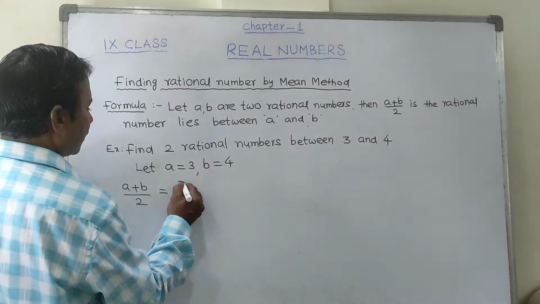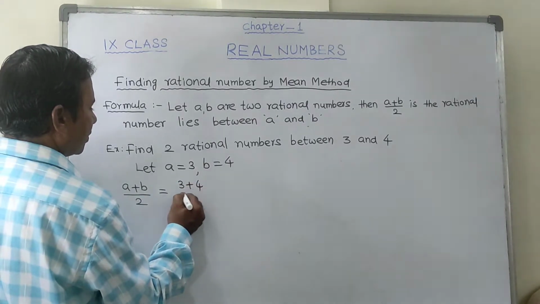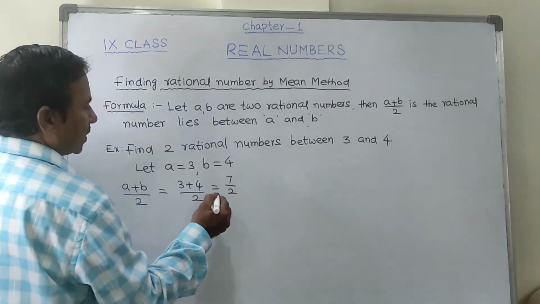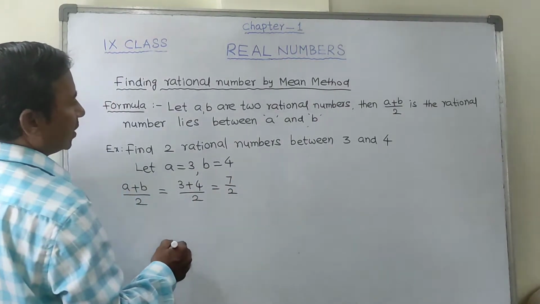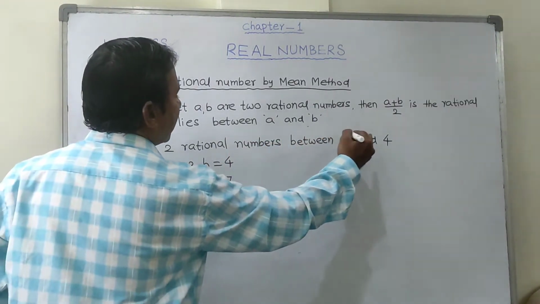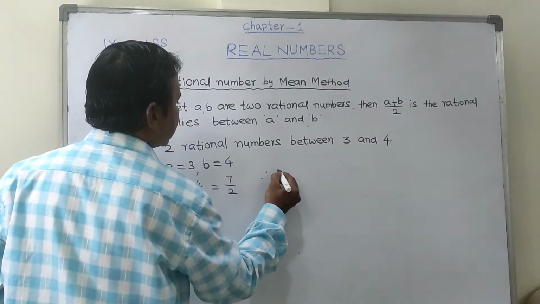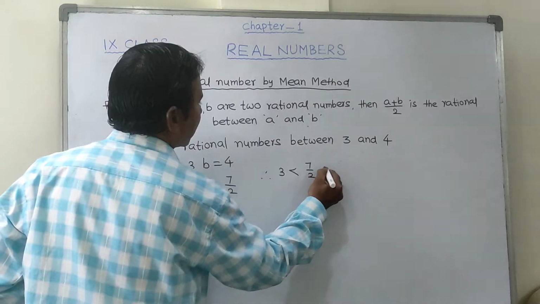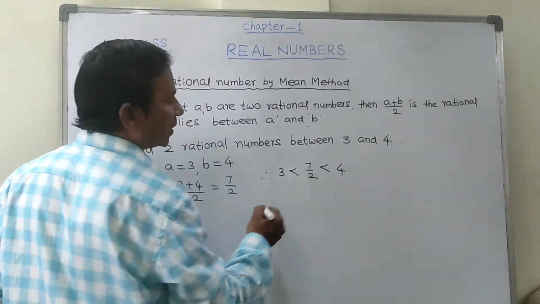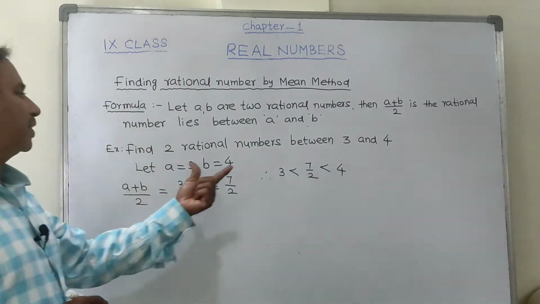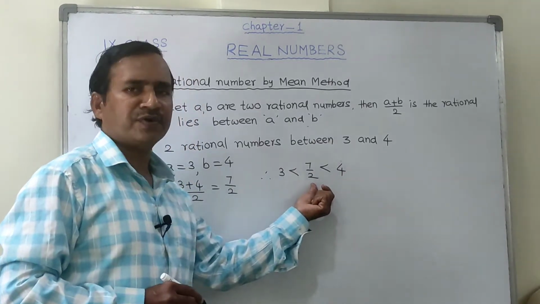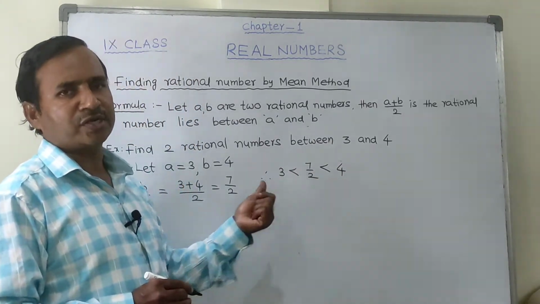So 3 plus 4 by 2. 3 plus 4 is 7, so 7 by 2. So 7 by 2 is the rational number between 3 and 4. We represent it as 3 less than 7 by 2 less than 4. It means between 3 and 4 we have 7 by 2 as one rational number.